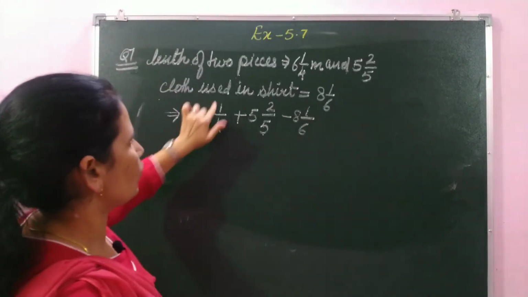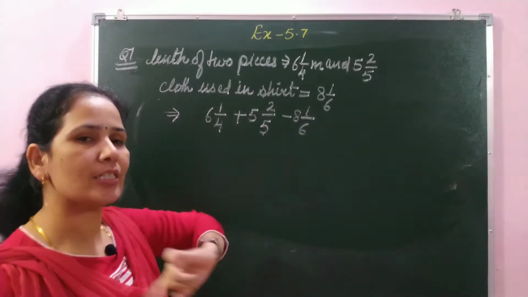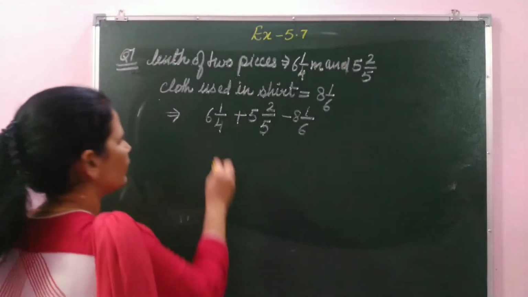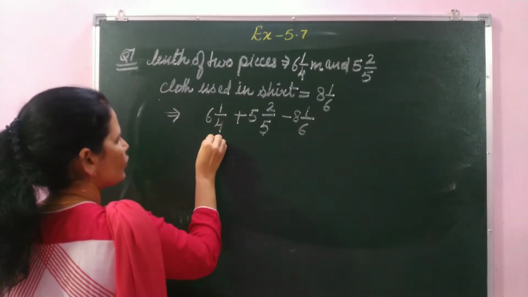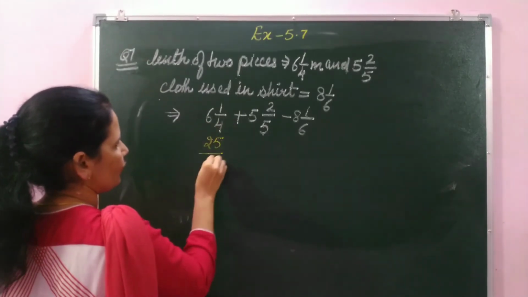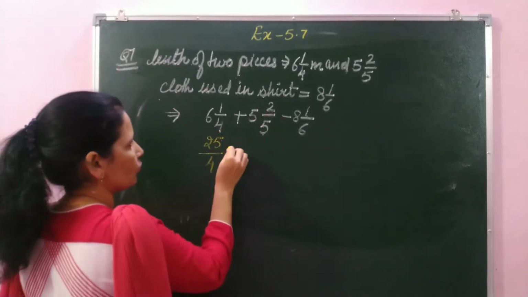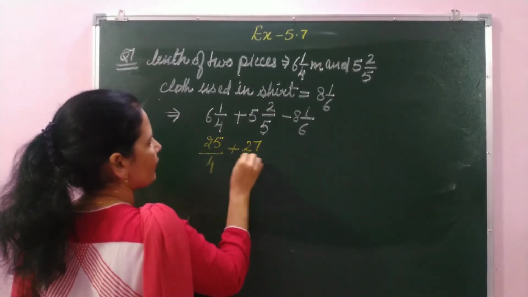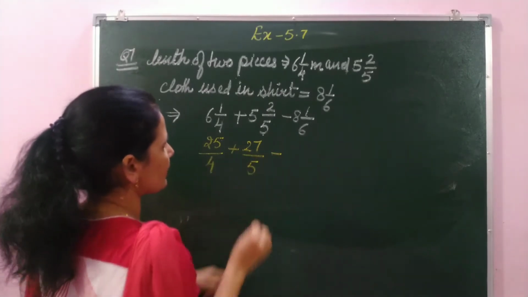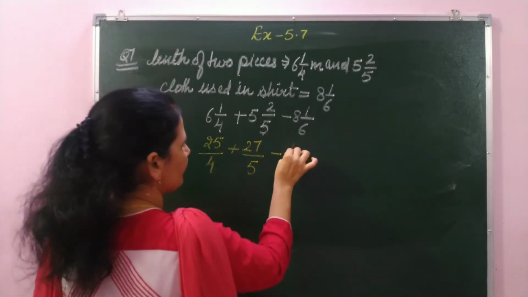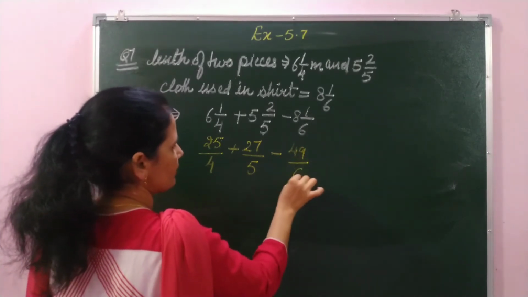These are mixed fractions, and we convert mixed fractions into improper. So 6 4s are 24, 24 plus 1, 25, 25 by 4. 5 5s are 25, 25 plus 2, 27 by 5, minus 8 6s are 48, 48 plus 1, 49, 49 by 6.